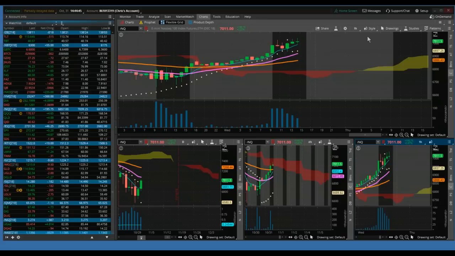If you're like me, you've got a family, you've got other things going on, you can't always squeeze every penny out of the move, but you want to capture as much as possible. Like I told you at the beginning of this training session, I'm trying to capture daily and weekly bars. I'm not trying to capture 5-minute, 15-minute bars. I'm trying to capture daily and weekly bars. That's what we're here for. We're here to make this money.